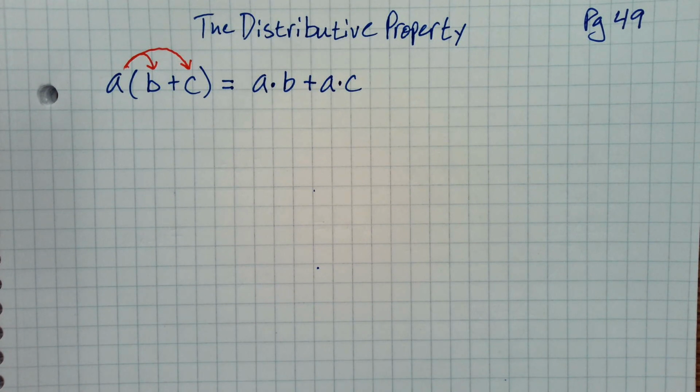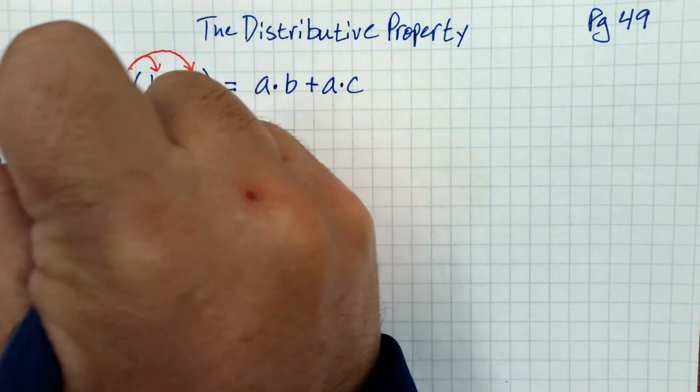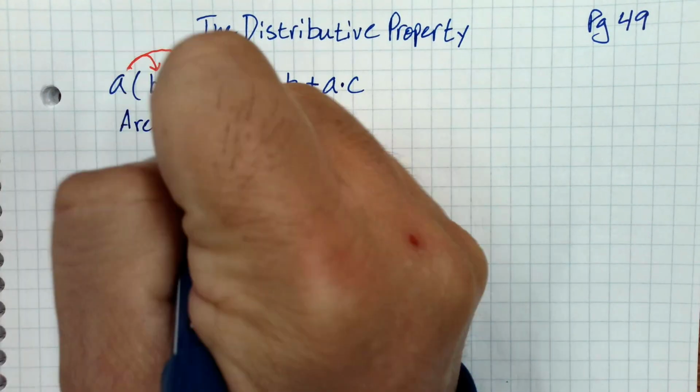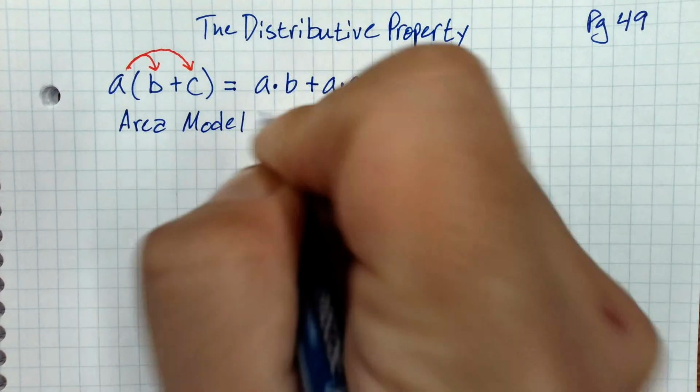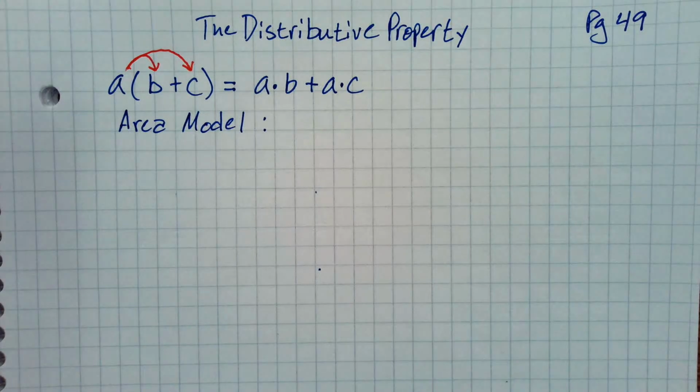So there's a few ways when you're first learning how to use this property to understand it. We're going to use what's called an area model. You probably used area models before.